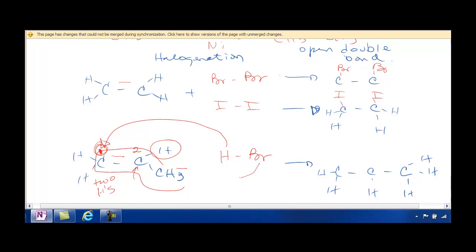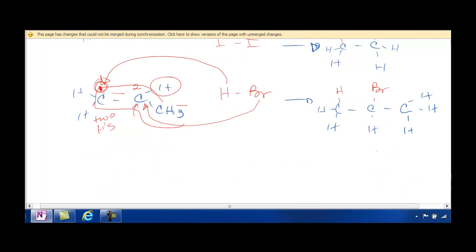And the other carbon that has less hydrogens gets the Br. So I'm going to put the H there and the Br there. That's called Markovnikov's rule. Okay? Name this guy. What's this fellow's name? 2-bromo what? Propane.